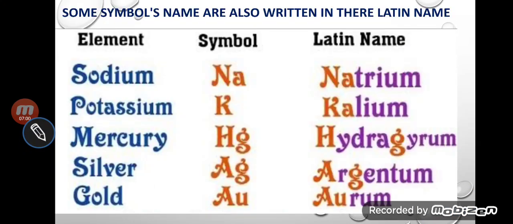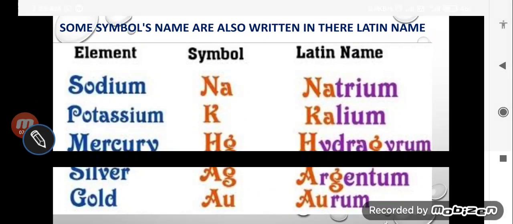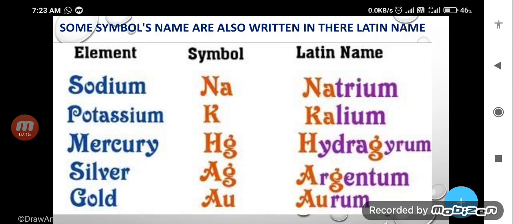Here I am going to give you some elements whose names are taken from the Latin name. That's why they have symbols different from their names. Here sodium, we are writing sodium, but its symbol is Na. Actually its name is taken from the Latin name natrium. That's why we write Na. Potassium, what is its symbol?